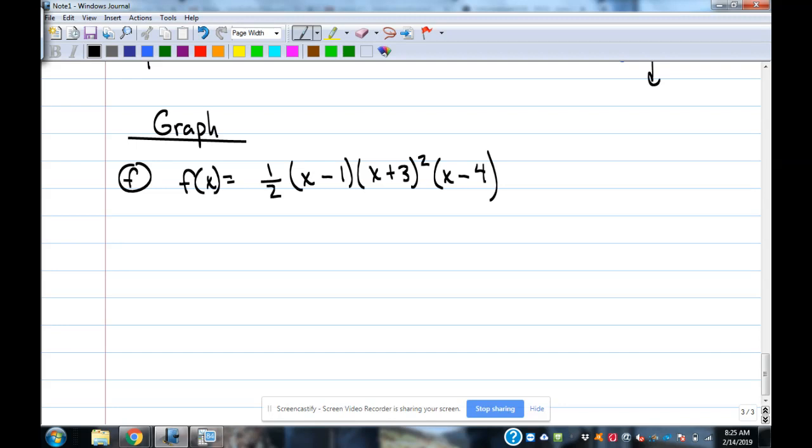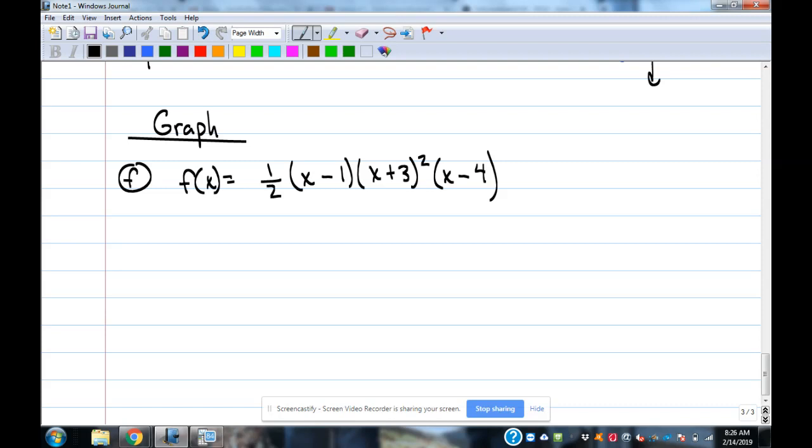Before we graph it, let's look at information we know about this polynomial already. I'm telling you it's a polynomial. We know it's a polynomial because we don't see any fraction exponents or negative exponents or x's in the denominator. What do we know the degree of that polynomial is? It's 4th degree.